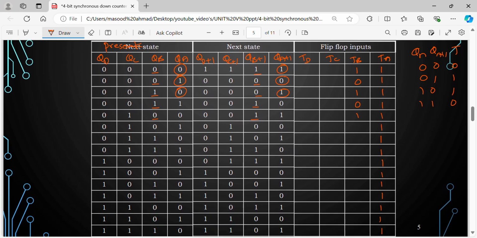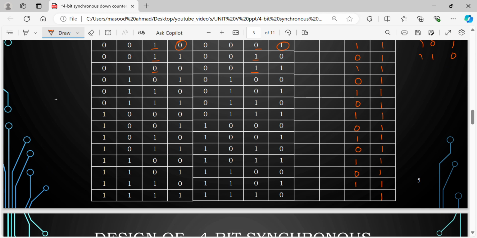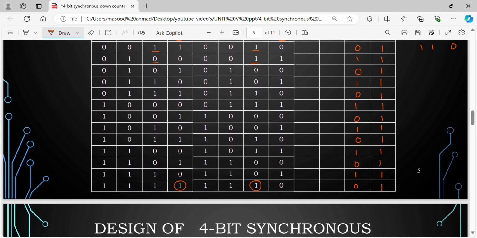So from simple observation I can say that it is continuously giving us 1 0 1 0 1 0 1 0. If you want to check it, you can check it. See, for example, here you can compare. What exactly are we comparing? This is compared with this one.